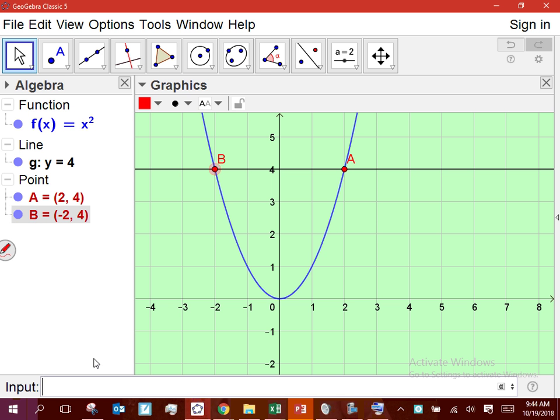So what kind of line is that? A horizontal line, right? So a horizontal line will allow us to check whether a function is one-to-one. The vertical line test tells me it's a function. The horizontal line test tells me whether it's one-to-one or not. Does that make sense? Okay.